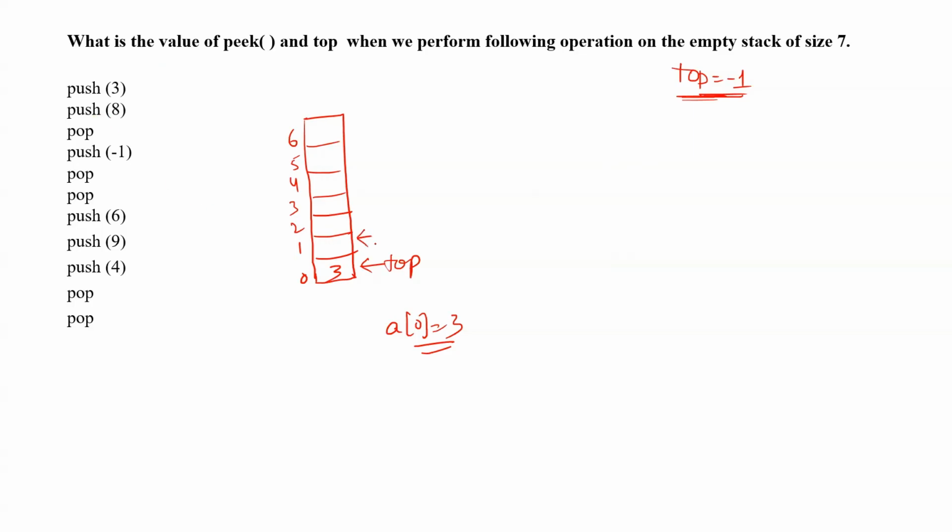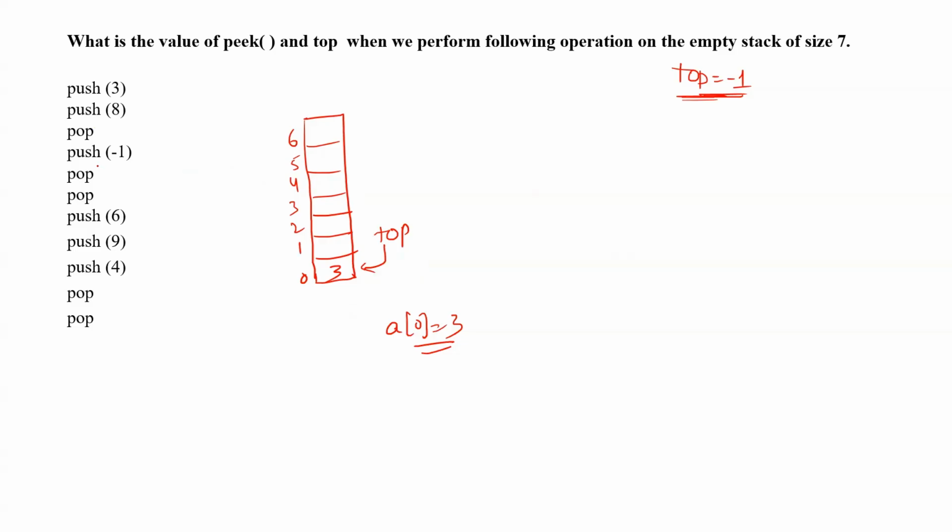Again, the value of top will be increased. And finally, I will put the value 8 here. Next is the pop. The pop function means we are going to delete 8. The top element will be deleted. To delete this element, the top will point to the 0 index now.